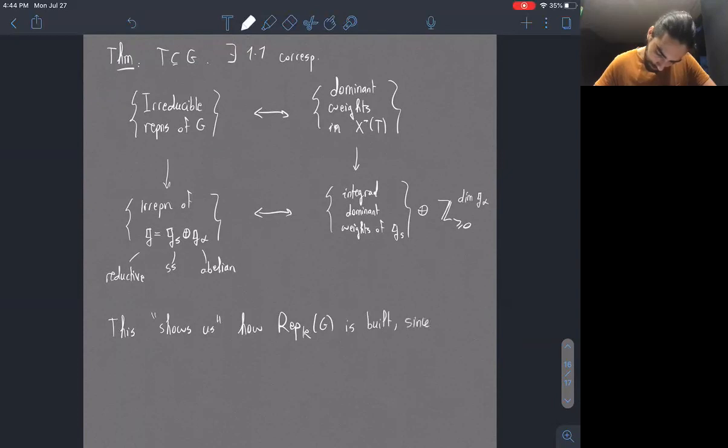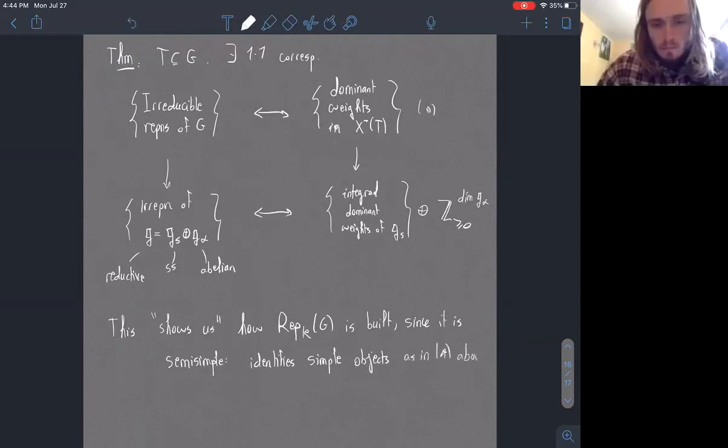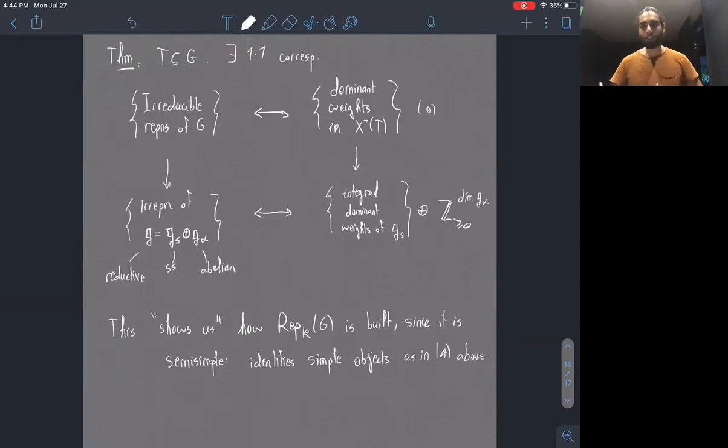Since it is semi-simple, it just identifies simple objects, as above. So that's good for us. It gives us a full understanding of what the rep theory side of the geometric Satake correspondence looks like. It has a bunch of simple objects indexed by dominant weights, and the rest is obtained by taking direct sums of such things.